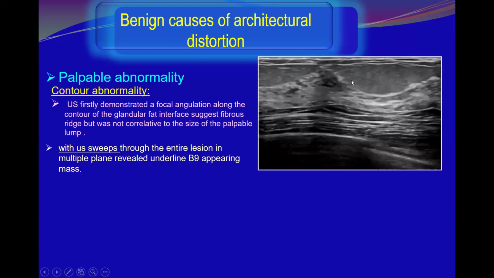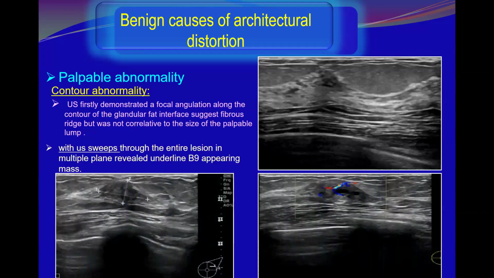So I swept through this area looking for an underlying lesion, and I could appreciate this benign-appearing mass, and it was proven fibroadenoma. So that is the palpable abnormality. If you look here, the palpable abnormality is not corresponding in size to this one. This one you expect to palpate smaller and sharper, not like this one.